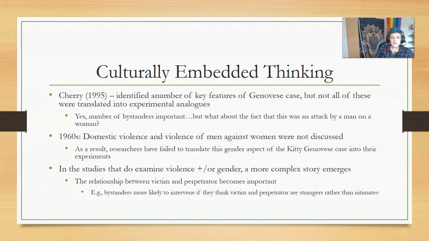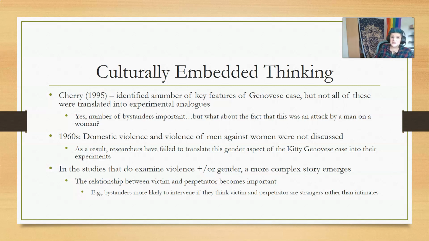The studies also do not examine violence or gender, and a more complex story emerges. So the relationship between the victim and the perpetrator becomes important. Bystanders are more likely to engage in pluralistic ignorance when they don't have the facts of the event. They're more likely to intervene if they think that the victim and the perpetrator are strangers.